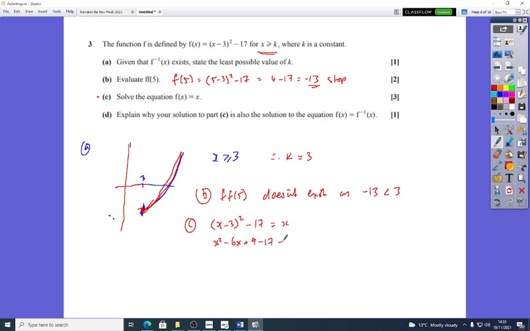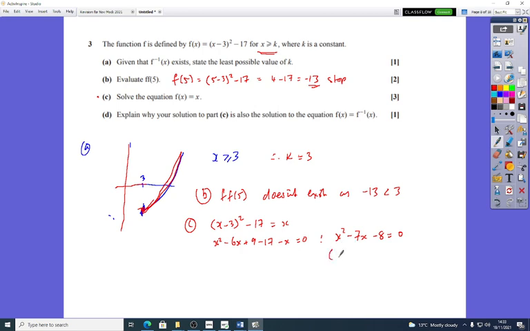I'm going to take this x to the other side, make it equal to 0. And you can use your calculator from here if you want. x squared, that becomes minus 7x, and that plus that is minus 8 equals 0.